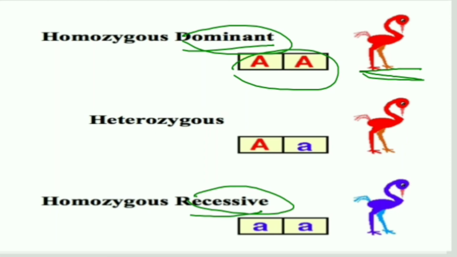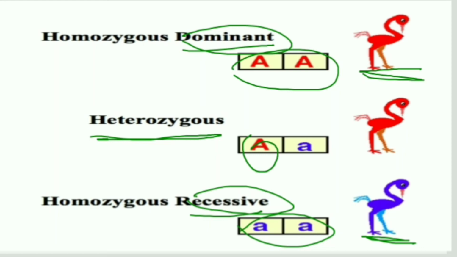If it is homozygous recessive, we know that the allele is in recessive form. Hence, the color of the bird is due to the recessive allele. So, a homozygous can have two phenotypes, that is, one due to the dominant allele and the second due to the recessive allele. But in the case of heterozygous, the phenotype is always due to the dominant allele.